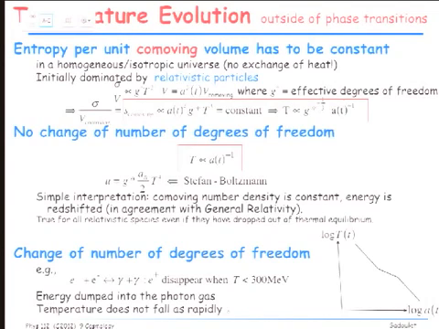So the reason why the temperature goes as 1 over A of T is related to the Doppler shift.